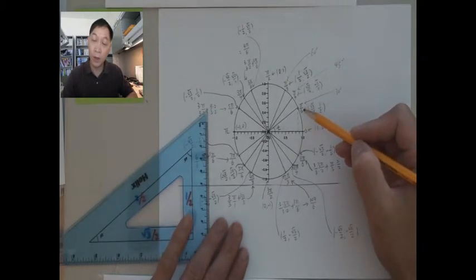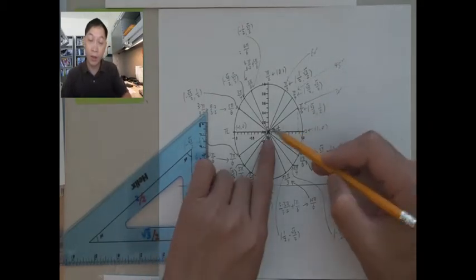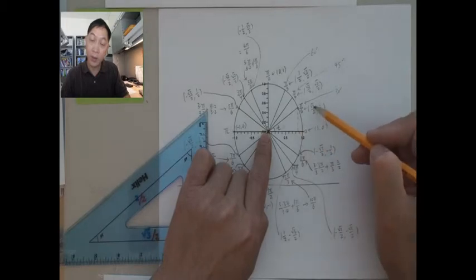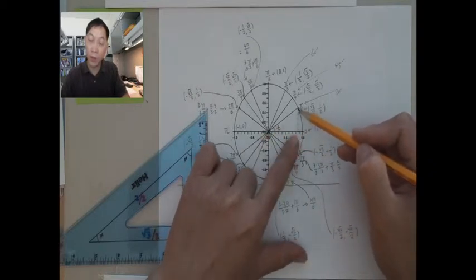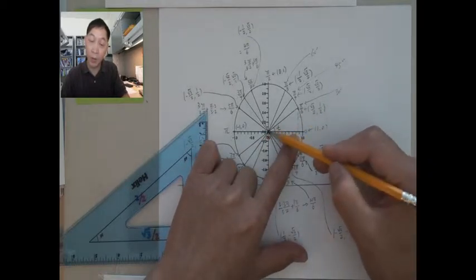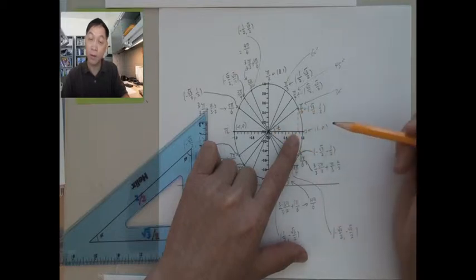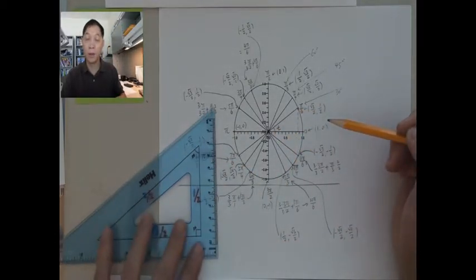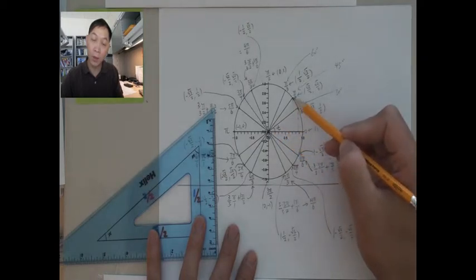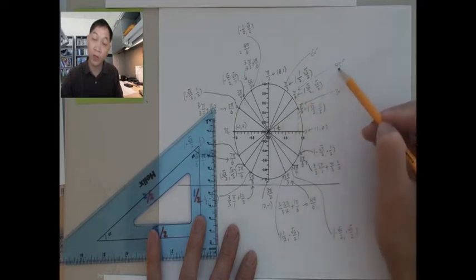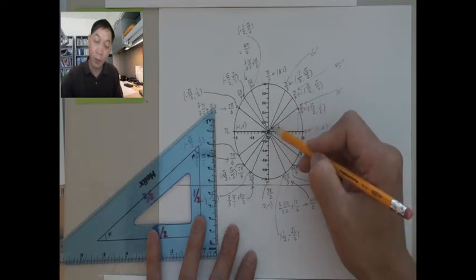And then we know the x coordinate, from here to here, is radical 3/2. And the y coordinate is 1/2. Now, here is pi/4. Then pi/4 is 45 degrees.